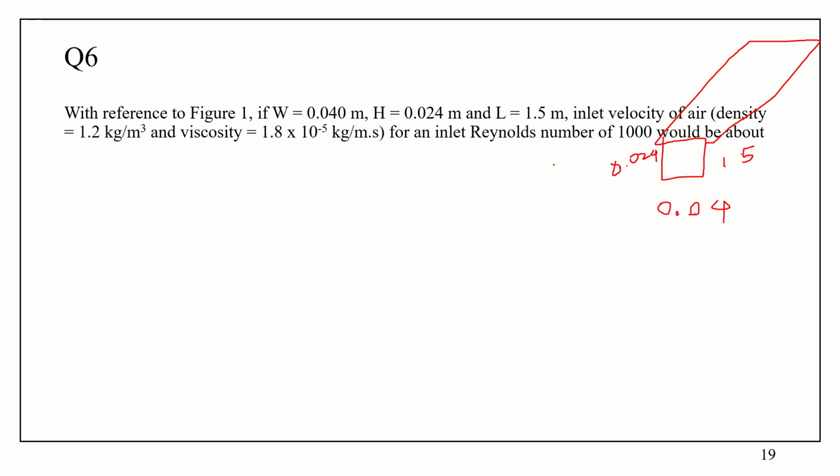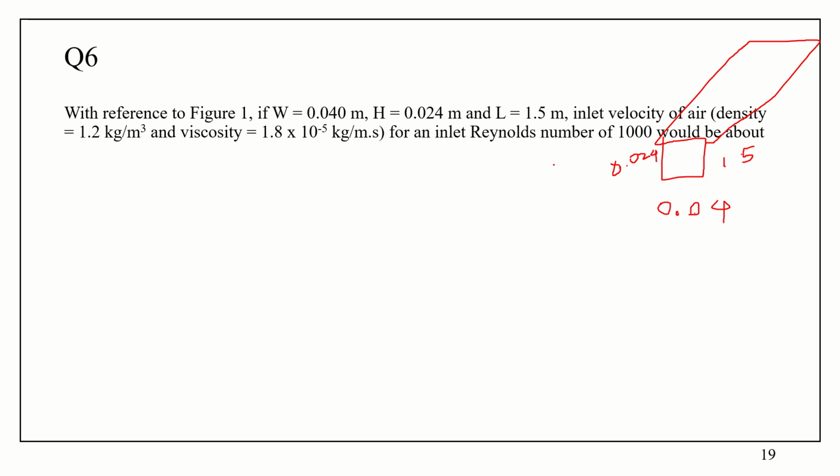So we are given the Reynolds number as 1000, and the inlet velocity of air is the question. And we know the properties of air: density is 1.2 kg per meter cube and viscosity is 1.8 into 10 power minus 5 kg per meter second. So first we need to identify the inlet velocity of air if its Reynolds number is 1000. I'll give you a hint here.